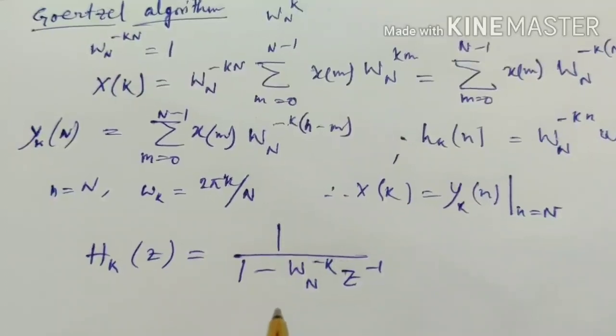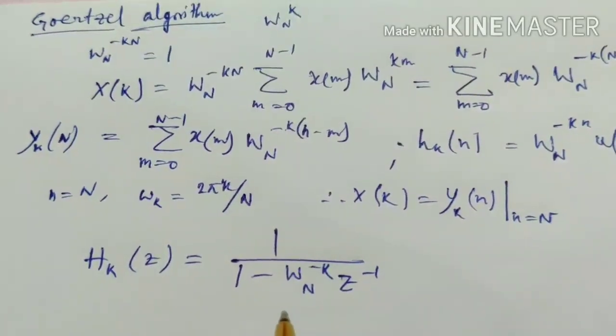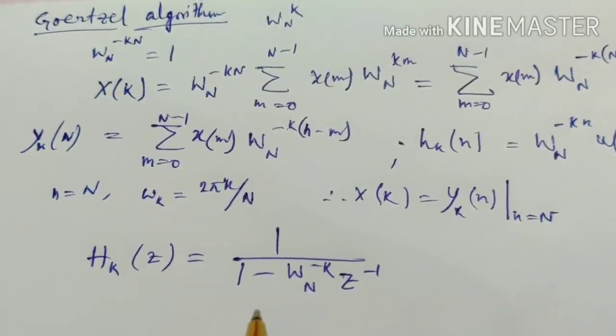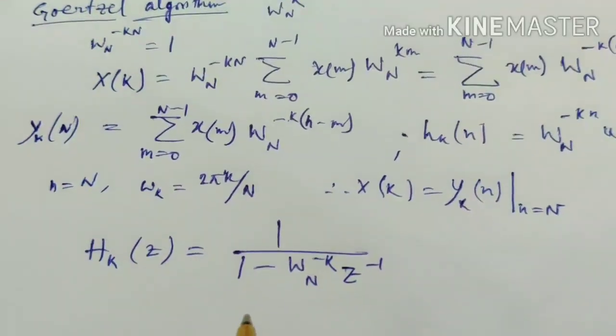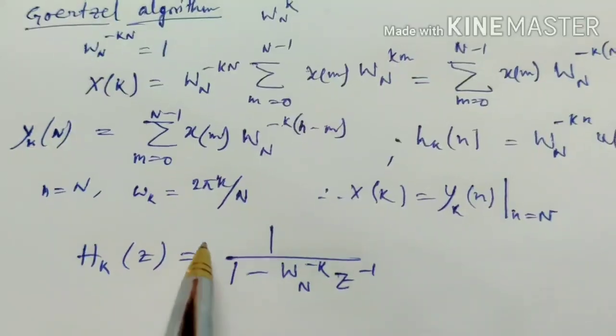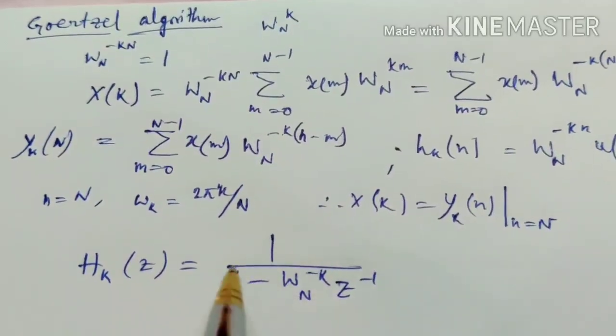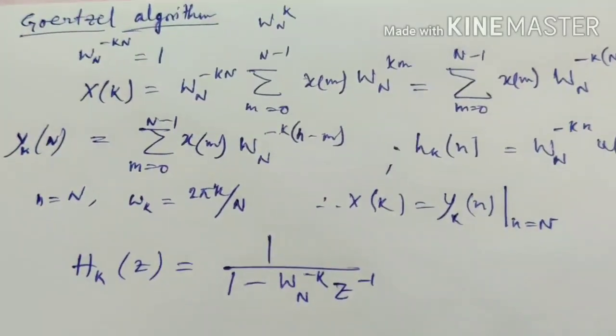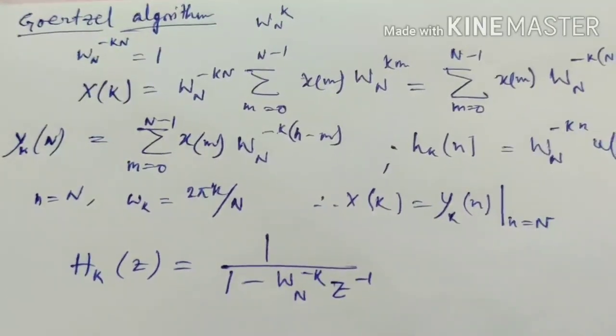So instead of performing the computation of DFT via convolution, we can use the difference equation corresponding to the filter given by the computation of y_k(n).